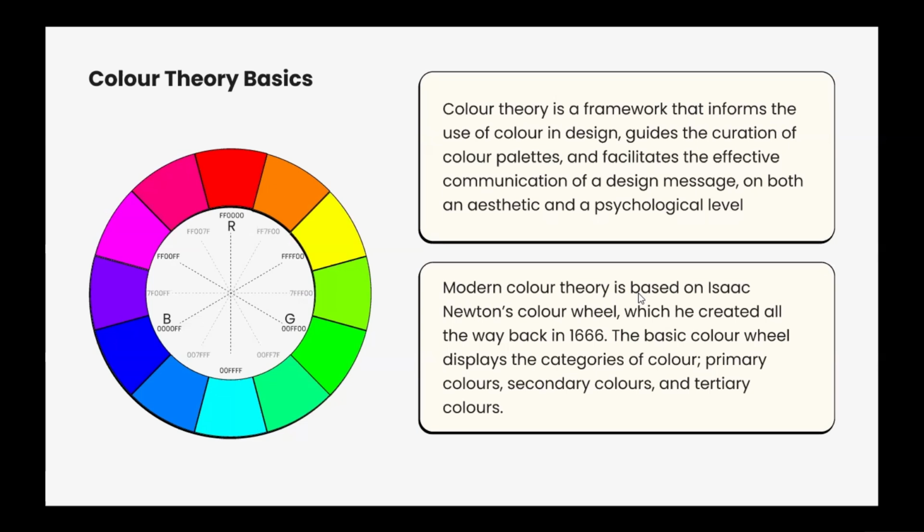So the modern color theory, which is what we have on the left side, was created by Isaac Newton. It's a basic color wheel that displays the categories of color, like I explained, and it's majorly based on additive colors. Like I explained, additive colors, the primary colors are the red, the green, and the blue.